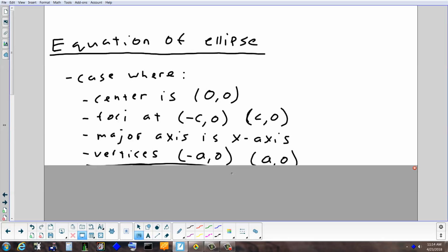So this particular one we're going to look at, this is where the center is at the origin. In fact, every problem we do from now, the center is going to be at the origin. And the foci are C units away from the center. C units to the right and C units to the left.